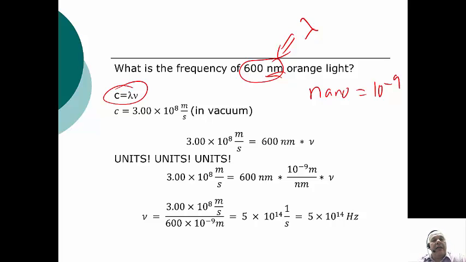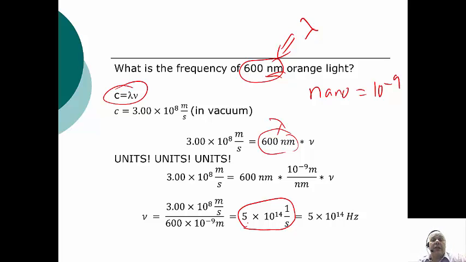So again, in vacuum or air, the speed of light is 3 times 10 to the 8th meters per second. That has to equal the wavelength times the frequency. And in this particular case, I calculate a frequency of 5 times 10 to the 14th per second.